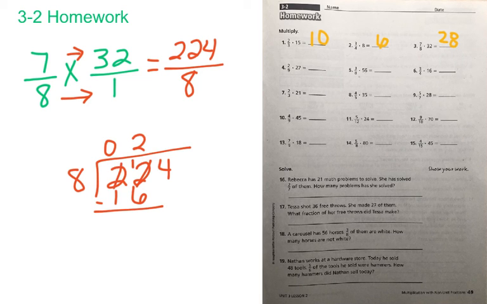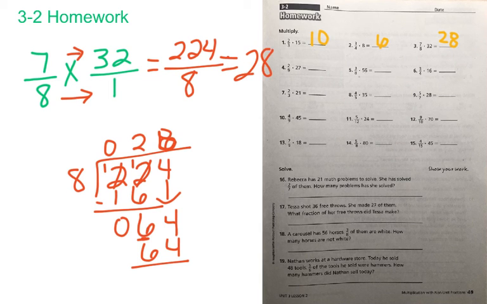This becomes a 12, this becomes a 1. 12 minus 6 is 6, 1 minus 1 is 0. Okay, do your check. 6 here is less than 8, so you're good. Bring down your 4, and 8 can go into 64 8 times, because 8 times 8 is 64, and so it would reduce to 28, which is what you ended up with here.